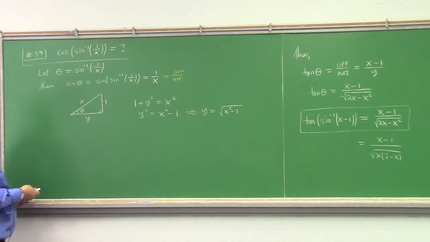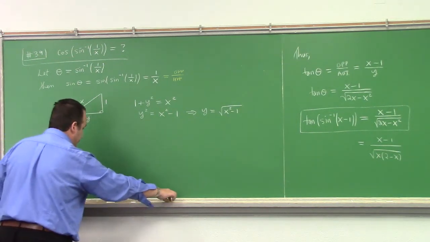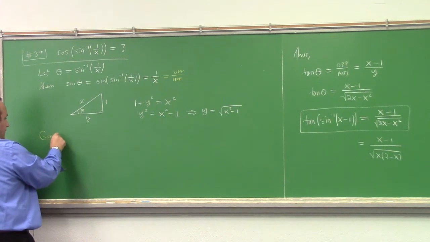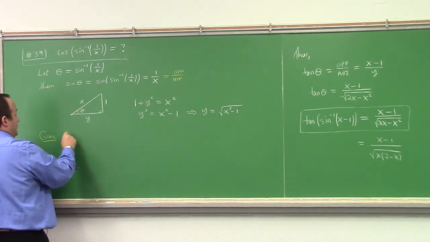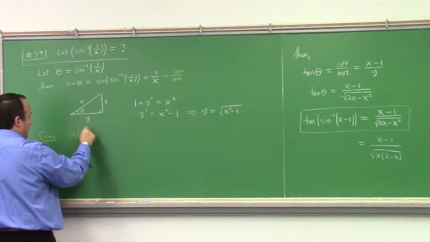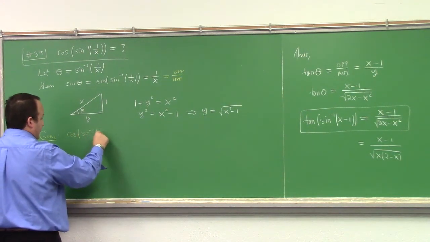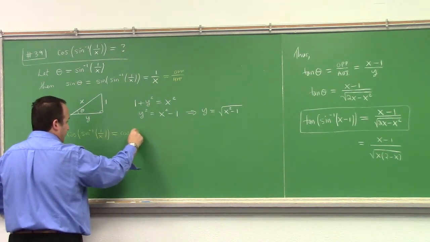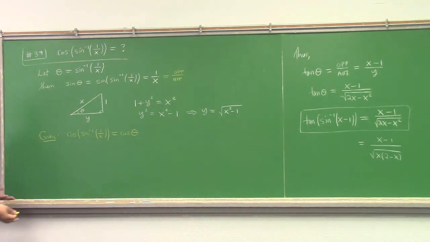Now our whole goal was what? We were trying to calculate the cosine of the inverse sine of 1 over x, right? But that is the cosine of theta, given our definition of theta. And by the triangle above, and the fact that we just figured out what y is, cosine theta is equal to what?